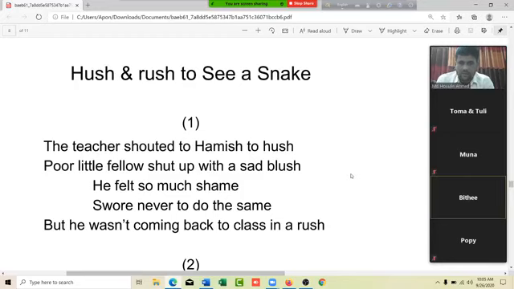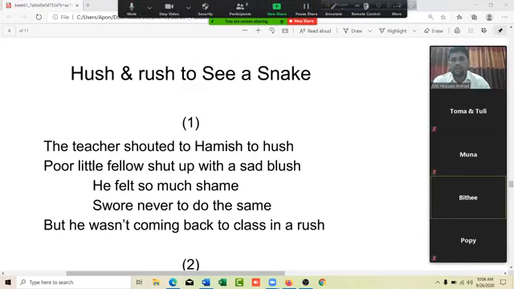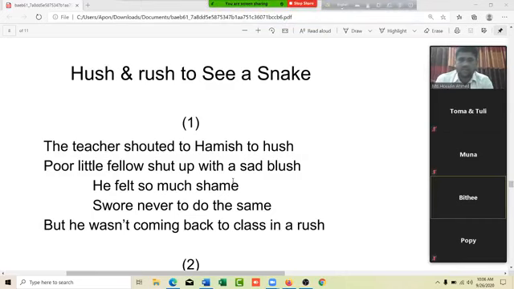Here the sound is sa, not sha. Swore, but it is the cluster sound. Sa and wa. Swore, swore. Okay, I think in other places she pronounced correctly.